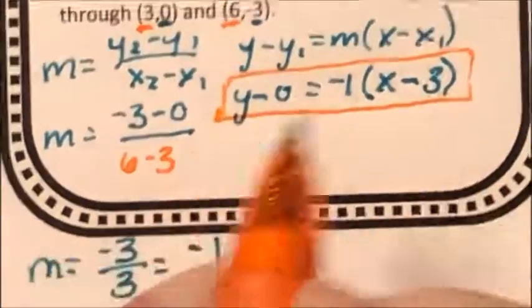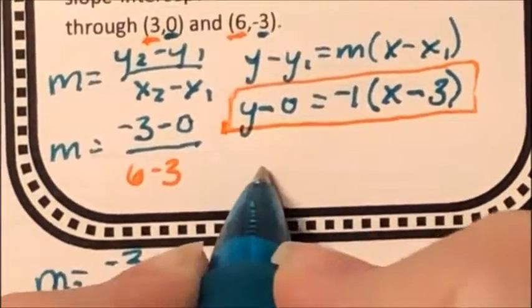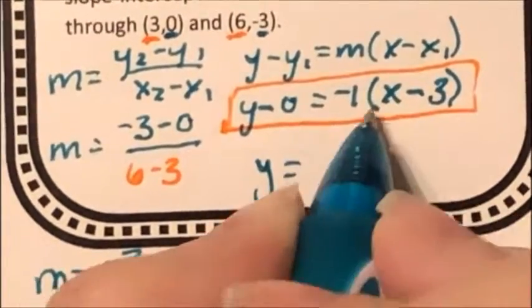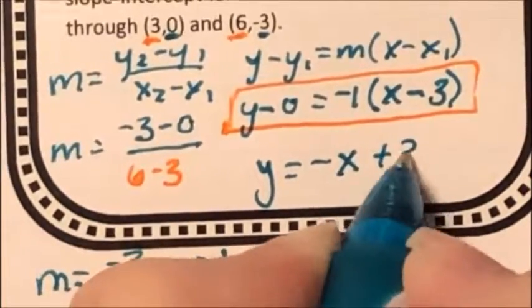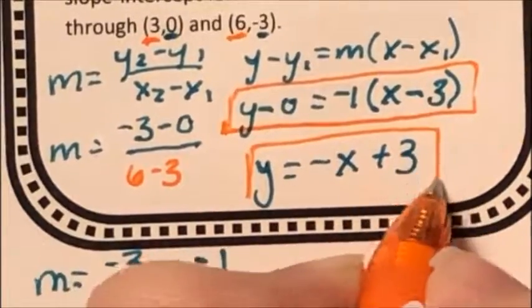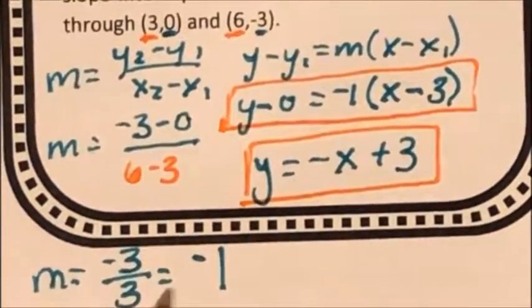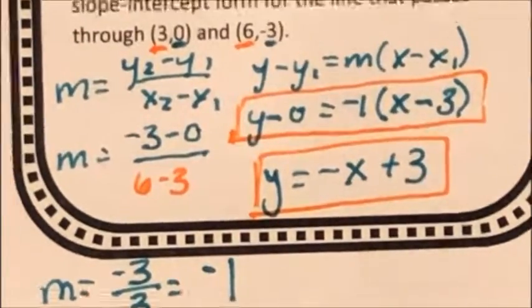Okay, and then I'm going to take that equation, I'm going to simplify it. So this just becomes, because it's y minus 0, this just becomes y. And then I'm going to distribute this, so I get -x plus 3. So here's point slope form and slope intercept form. Okay.